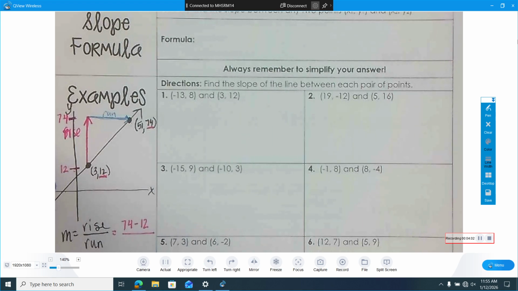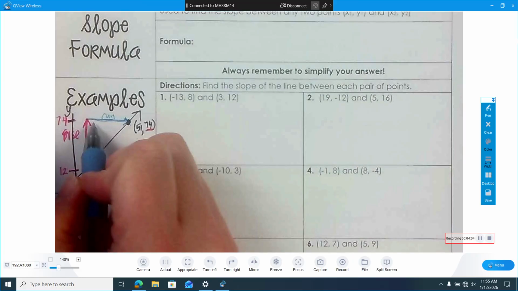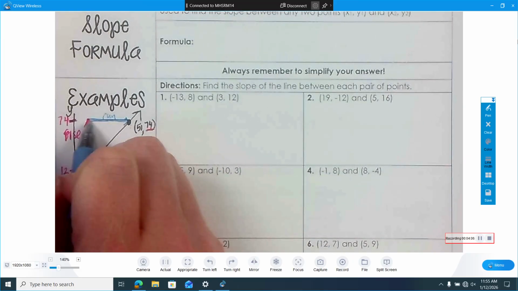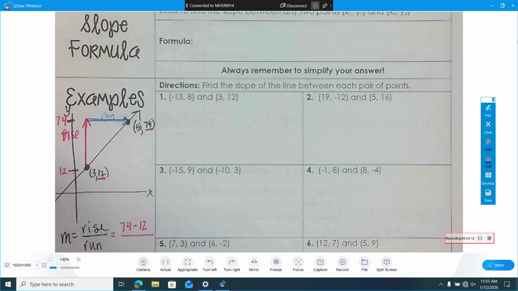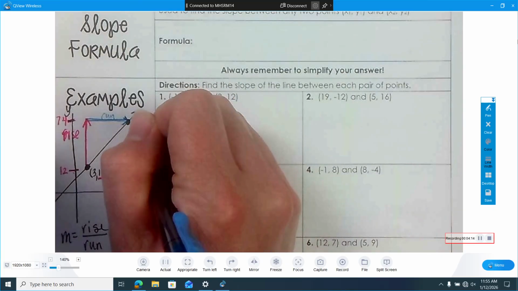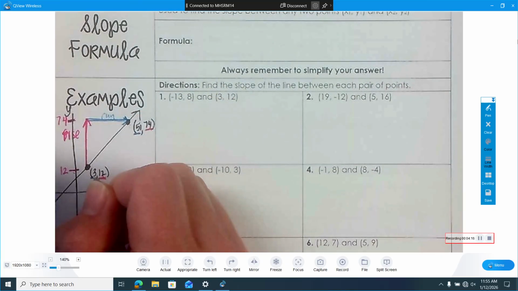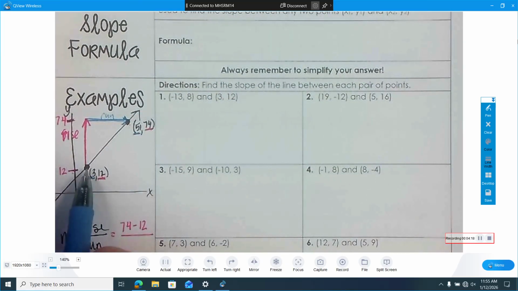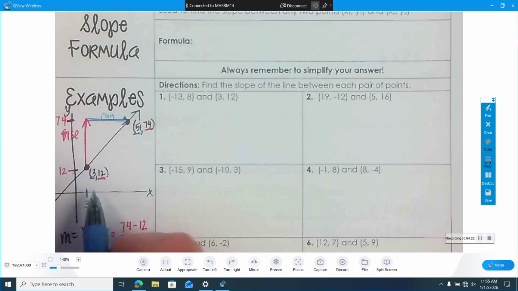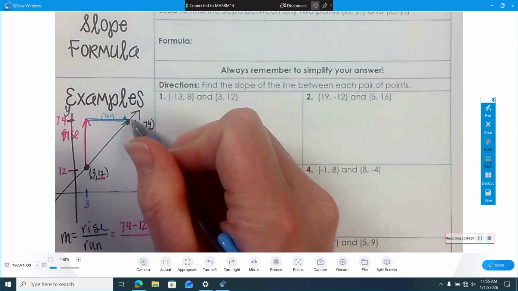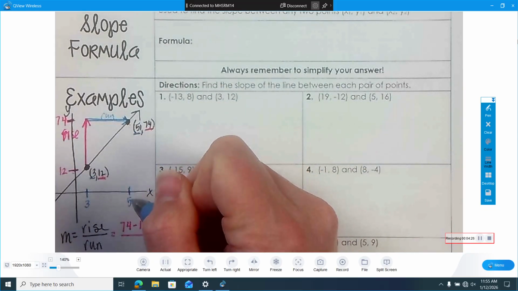A little bit? Now, how are we going to figure out how far to the right our point went over? The 51 and the 3, yeah. So this point starts here on the x-axis at 3, and then it has to go over to this point, which is at 51.